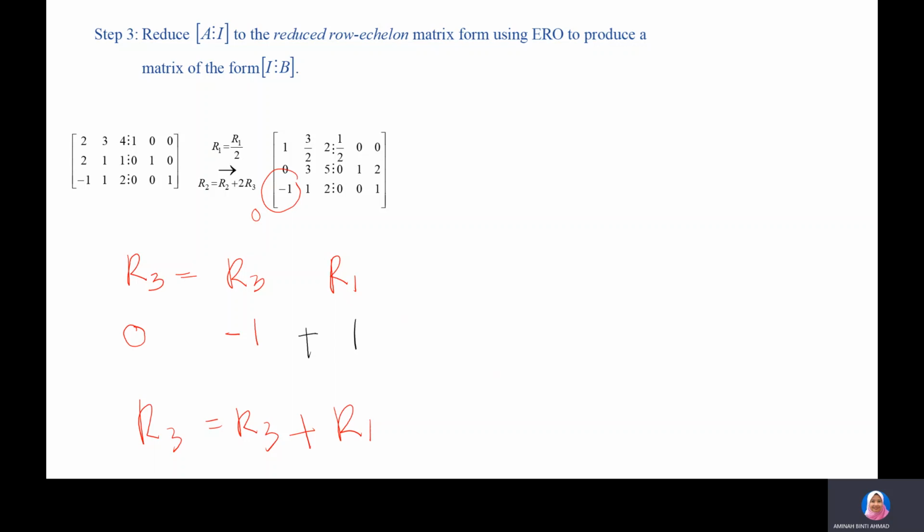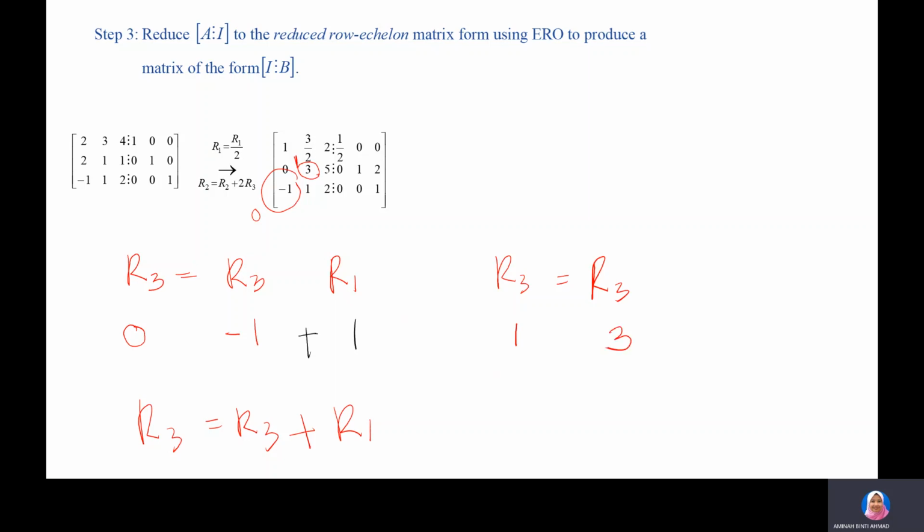Okay, and then next we want to change this to become 1. So we will have row 3 back. Okay, as we see the value here, row 3, we want to achieve 1, but the value here is equal to 3.